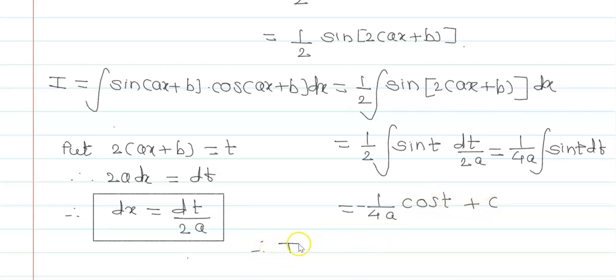Therefore I is equal to minus 1 upon 4a cos of 2 times (ax plus b) plus c.